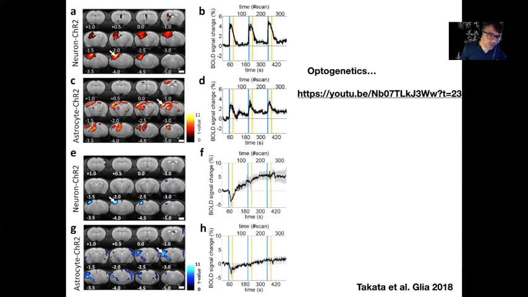Similarly, you can do the same thing with deactivation or inactivation, whereby you can see here that stimulation can also deactivate a region and reduce the fMRI signal. And the same goes for neuronal stimulation and astrocyte stimulation.